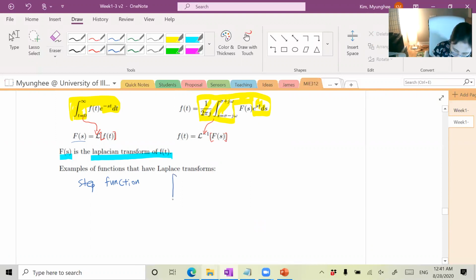So step function is defined as 0 before 0, and after 0, it becomes 1. So it means that F(t) equals 1 if t is larger than 0.